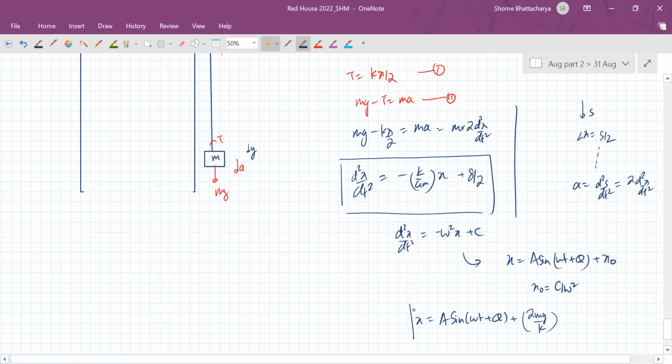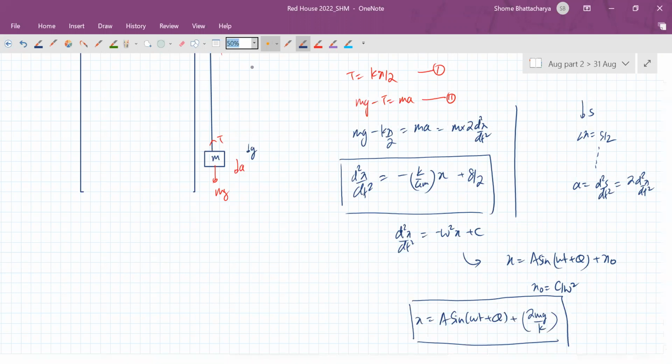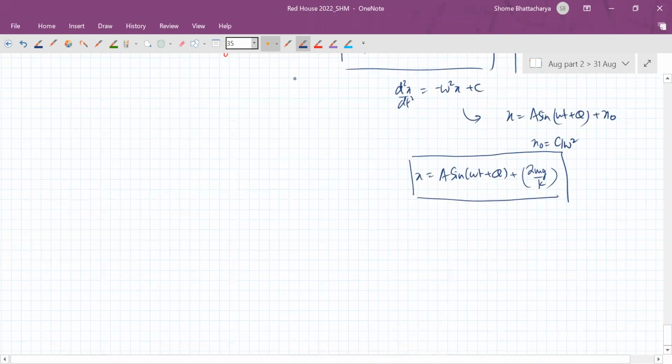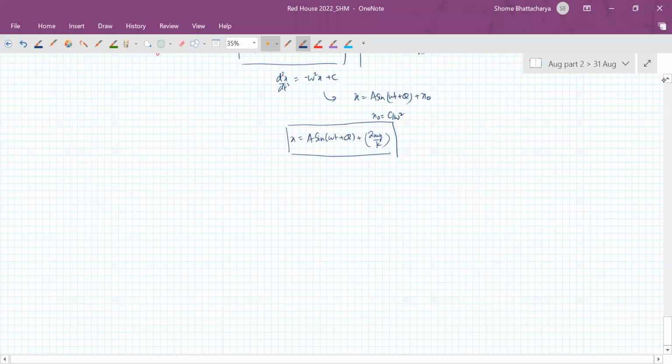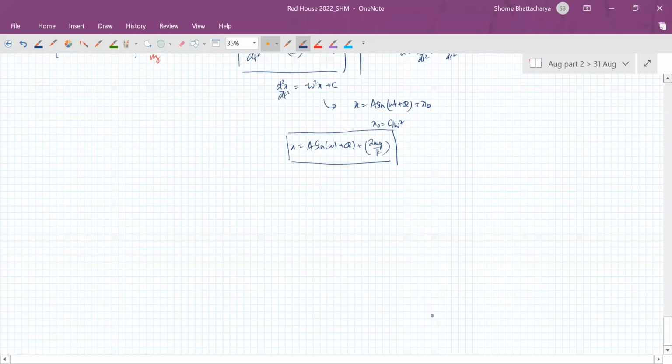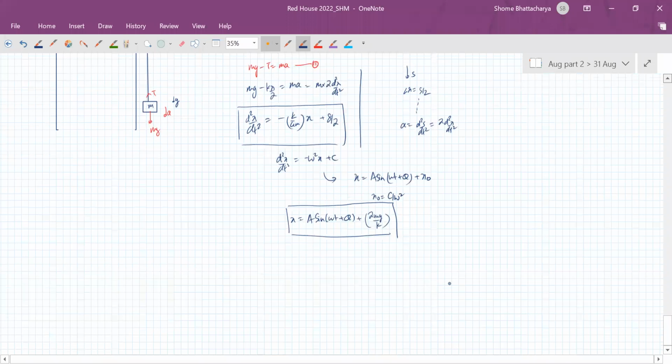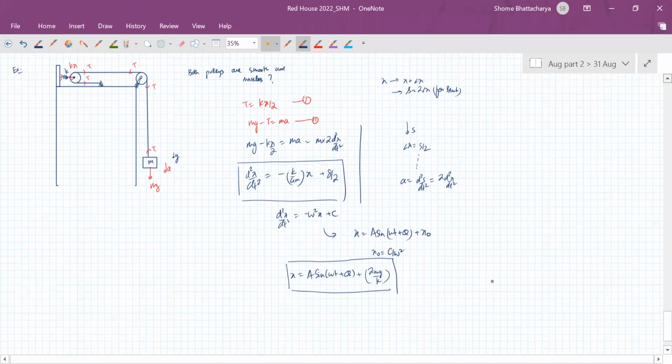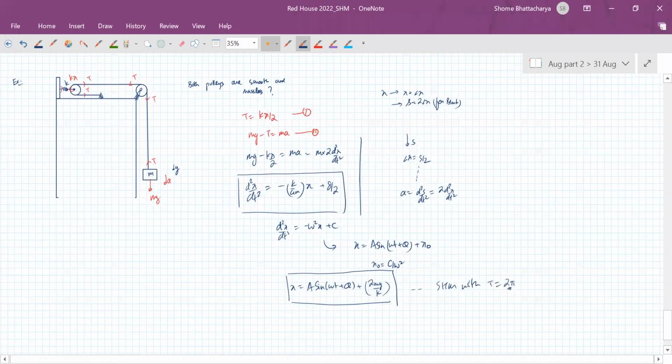Now we can even find the value of x as a function of time if we are given some initial conditions. Additionally, we can see that this is an SHM with time period equal to 2 pi by omega.